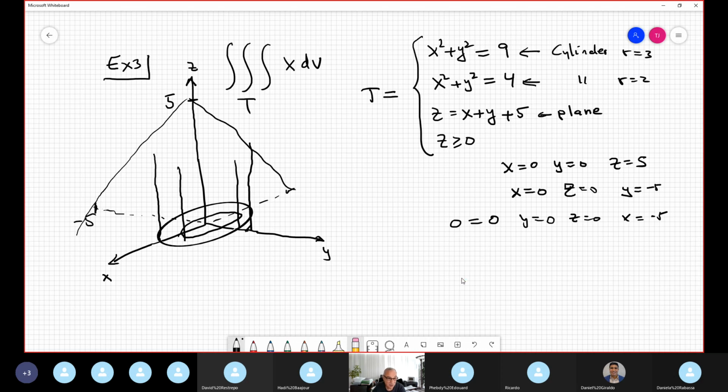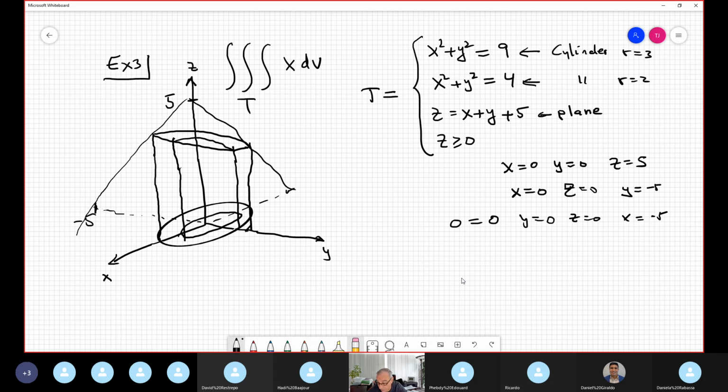And somehow, I'm not sure, the cylinder is bounded by the roof, which is this plane. So basically, what is the idea? The idea is you have 2 cylinders, one radius 3, one radius 2, and we have one plane that cuts the cylinders in the top part.